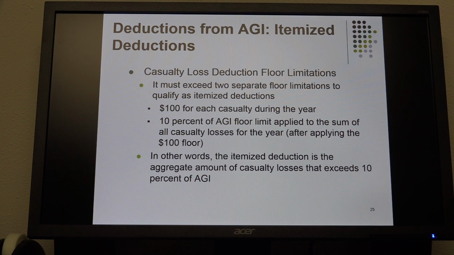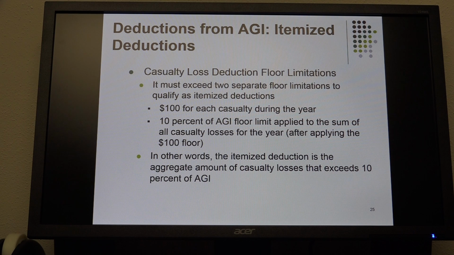So you have a casualty of $5,000. It's one casualty. You're going to deduct $100 from the $5,000. And let's say you have two casualties. One's for $5,000, the other's for $2,000. You're going to deduct $100 for the $5,000.